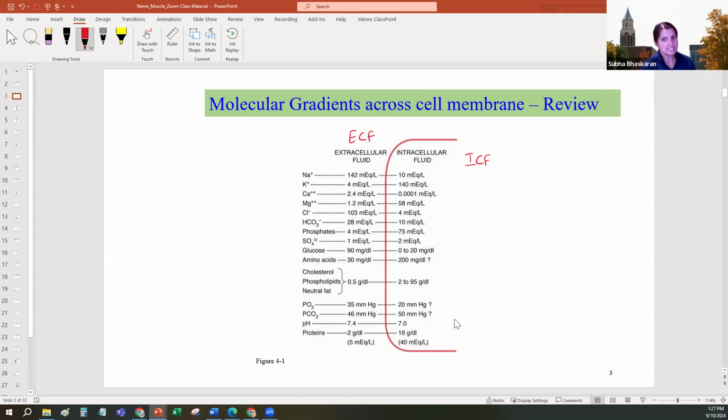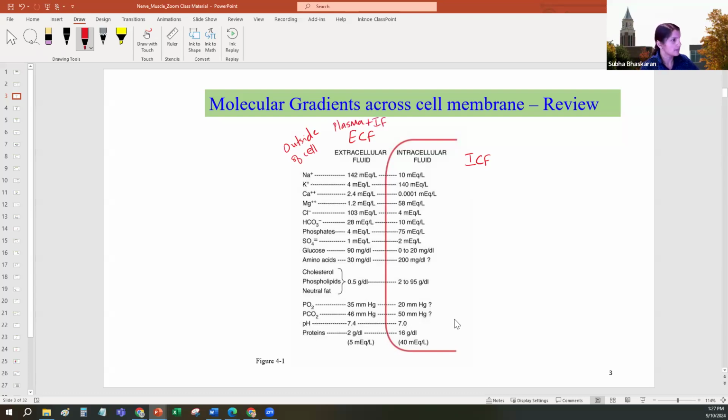So what does ECF mean to you? What are the compartments that make up ECF? Come on, you can do this. The fluid outside of the cell? Very good, outside of the cell. Again, we can go deeper in terms of a lot of things, but outside of the cell, ECF would be plasma and interstitial fluid.